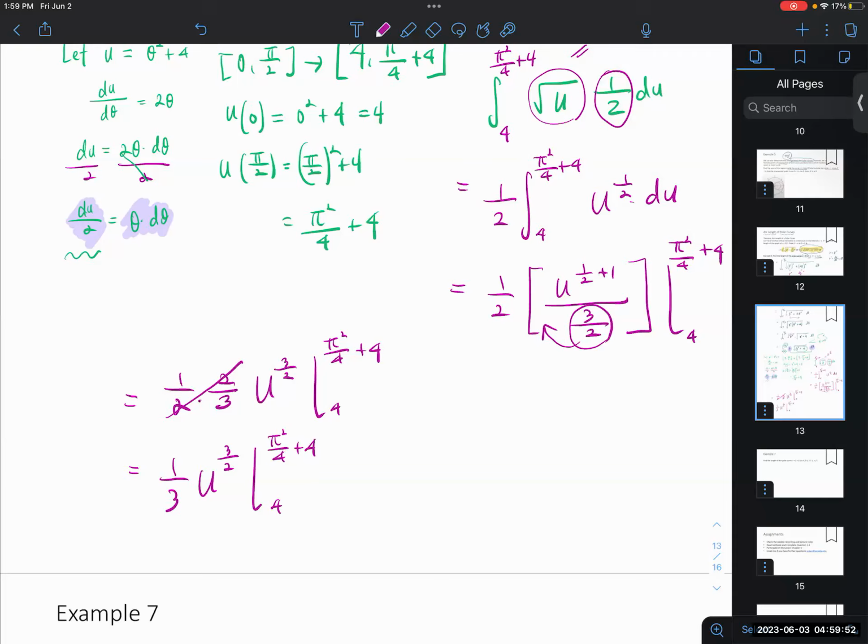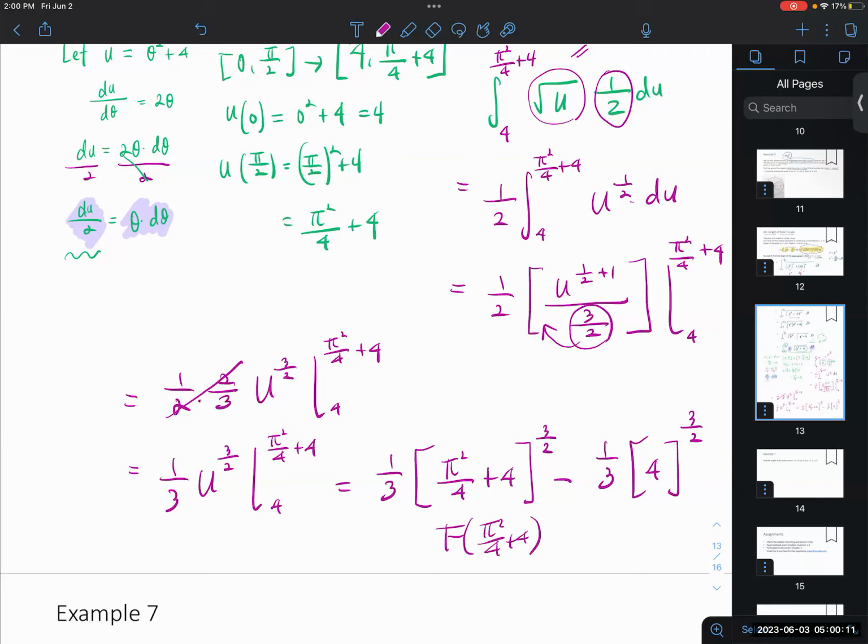All right, almost done. So you're going to plug in 1 over 3, pi squared over 4 plus 4, to the 3 over 2, minus 1 over 3, 4 to the 3 over 2. Are you following? This is the top value minus the bottom. Again, we cannot do this one mentally. You're going to put it into decimal and calculate.